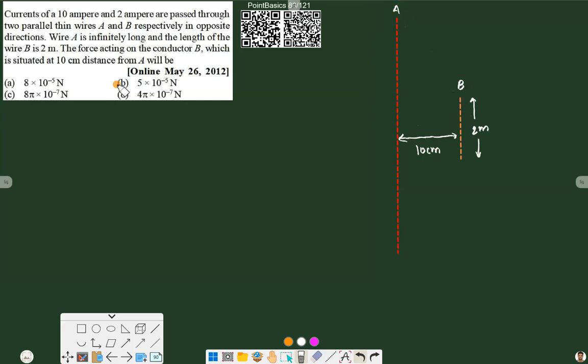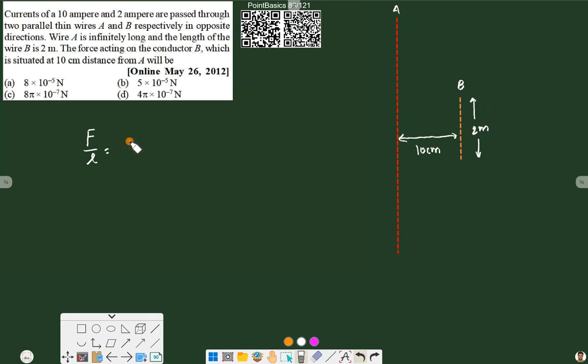Even if they ask for the force acting on the conductor A, we can find it, because the forces are equal and opposite. Force acting on B is equal to force acting on A. We know that the force acting per unit length on conductor B will be given by the magnetic field of A multiplied by its current.